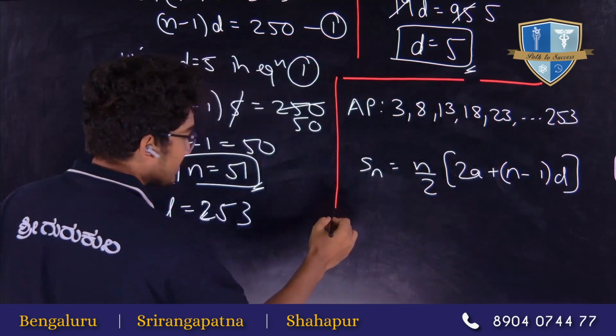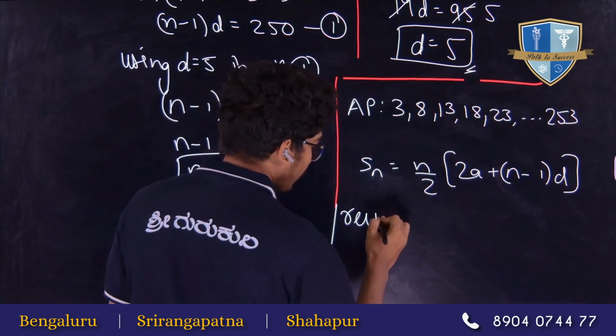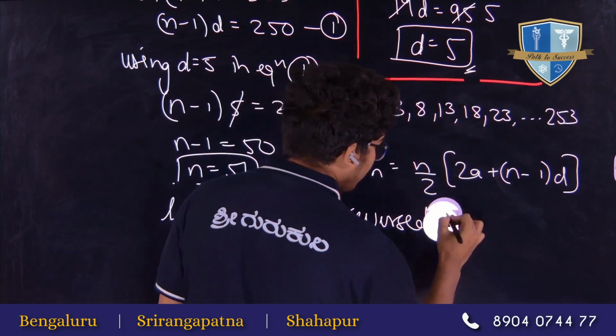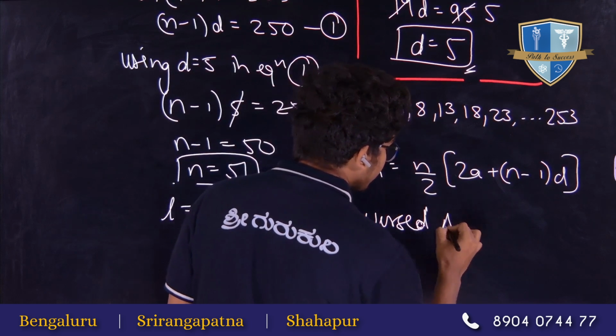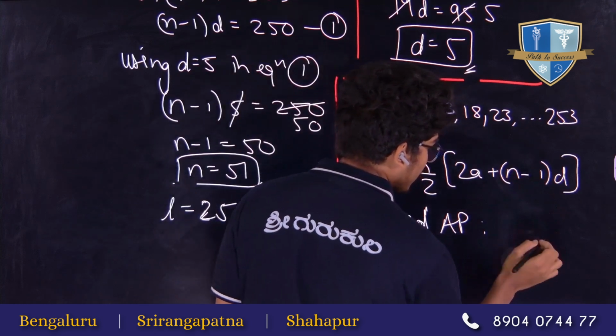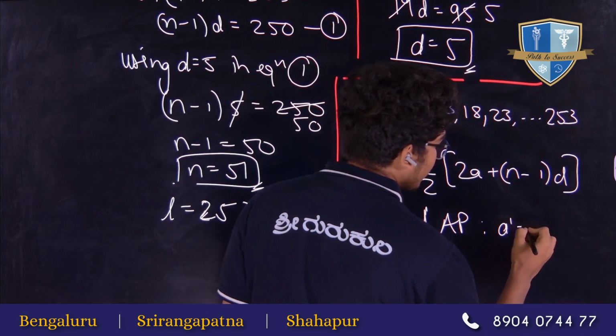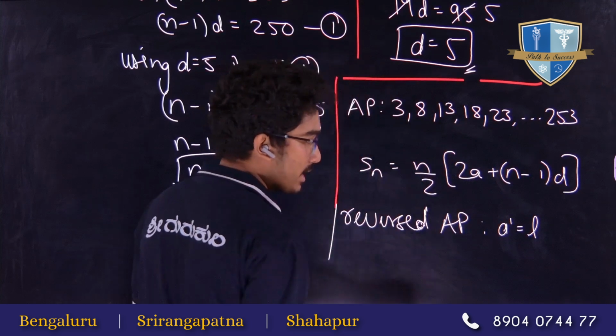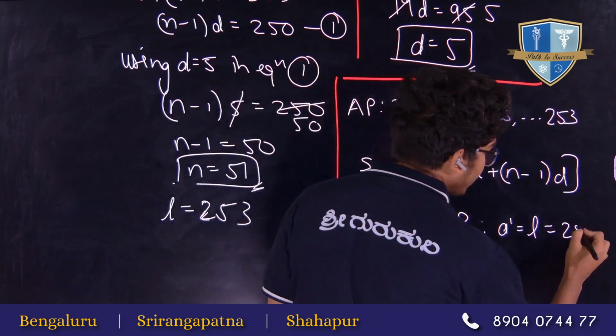Like if we reverse this AP, the reversed AP will have the last term as our first term. So we'll have A dash, which is equal to the last term of the previous arithmetic progression, which is 253.